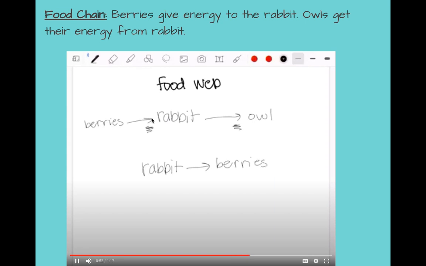We're not saying that the berries eat the rabbit. That would look like this. And we know that that's not true, right? We don't have these crazy killer berries that are going to eat the rabbit. That would be weird. What it's showing you is that berries give their energy to the rabbit. No killer berries in this ecosystem, thank goodness.